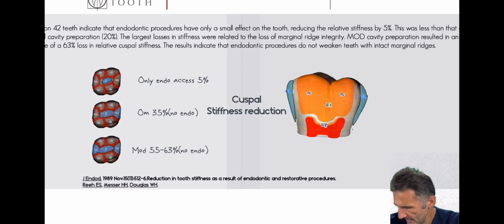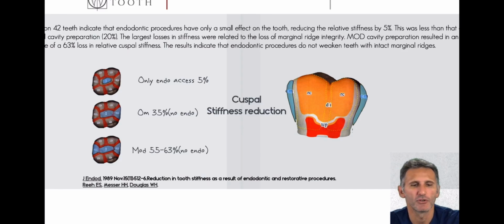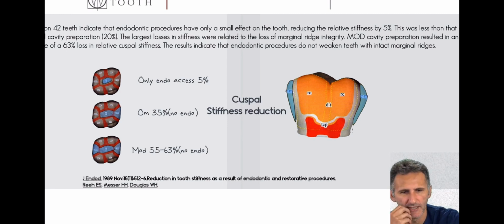The conclusion of this study, which is quite misleading, is that results on 42 teeth indicate that endodontic procedures have only a small effect on the tooth, reducing the relative stiffness by 5%. This was less than that of an occlusal cavity preparation, 20%, I will speak more about this.